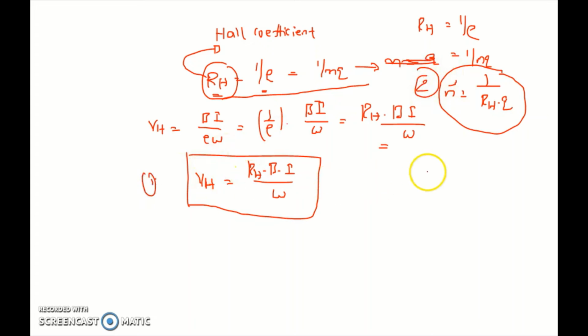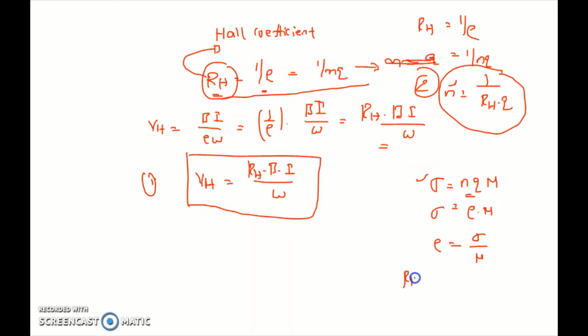And one more thing: we know that the conductivity of a metal, sigma, can be given as n q mu. It is the formula for conductivity, where nq is the charge density and mu is the mobility of the charge carrier. From this, the charge density can be written as sigma by mu, that is conductivity by mobility.